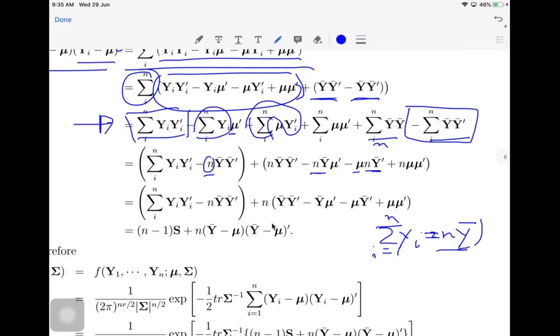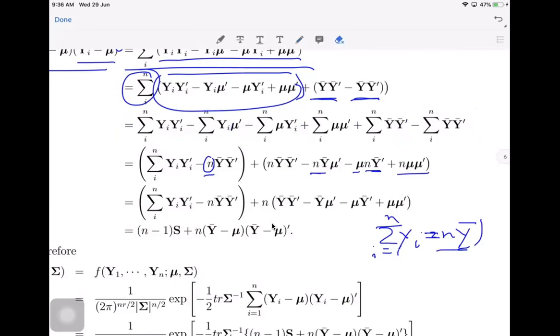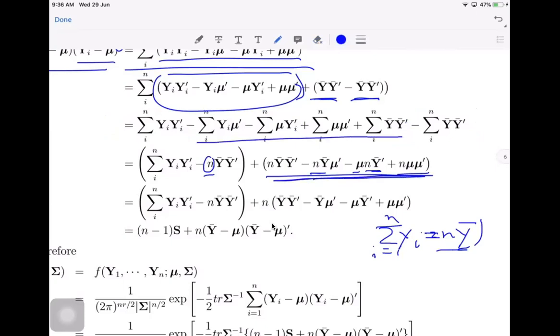And then this part here will be n mu prime. Is it clear? Did you understand this term from here? Yes, ma'am. Okay, very good.